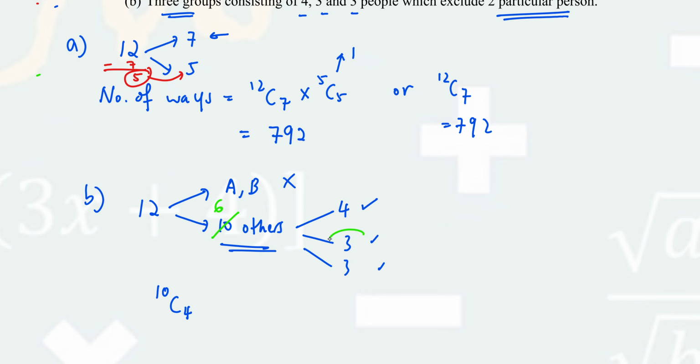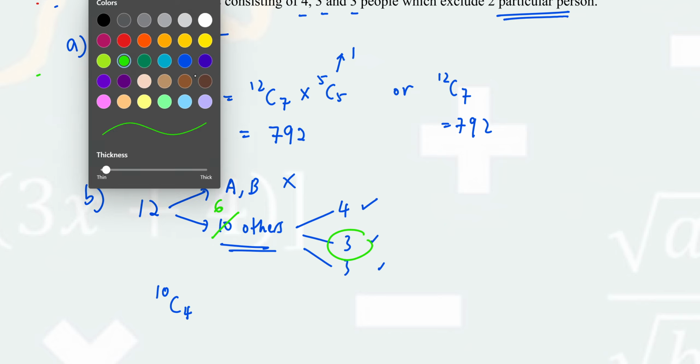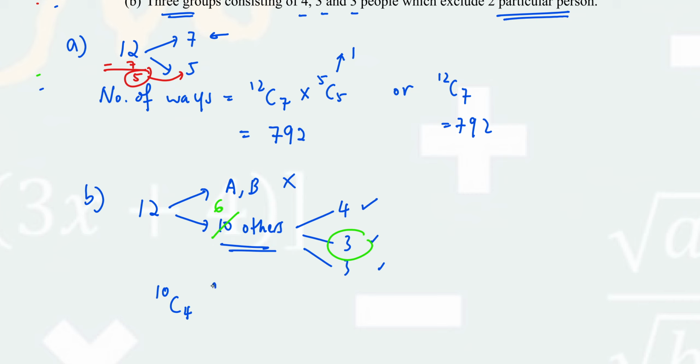From the 6, I have to choose 3, so the working becomes 6C3. Lastly, from the 6, since you have chosen 3 persons, you minus 3 from the 6, leaving the remaining 3 persons. From these 3 persons, you put them in a group, so again the working is times 3C3.